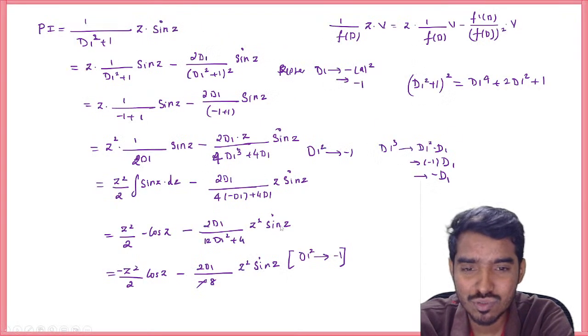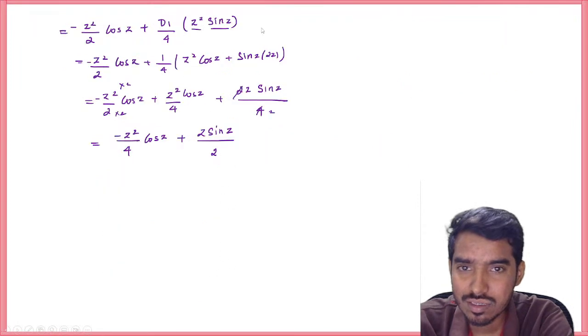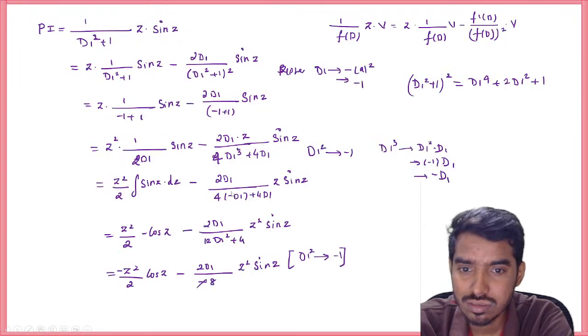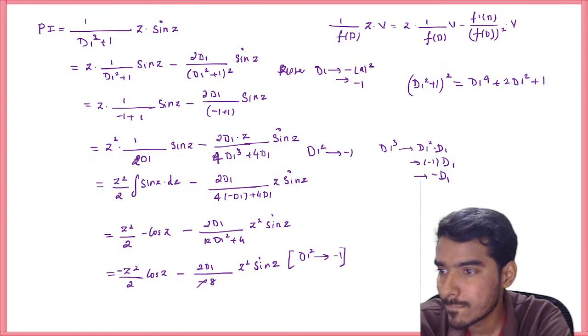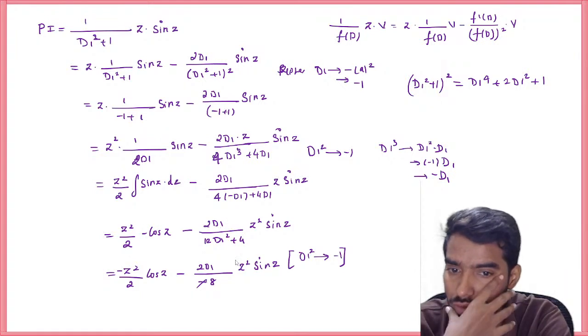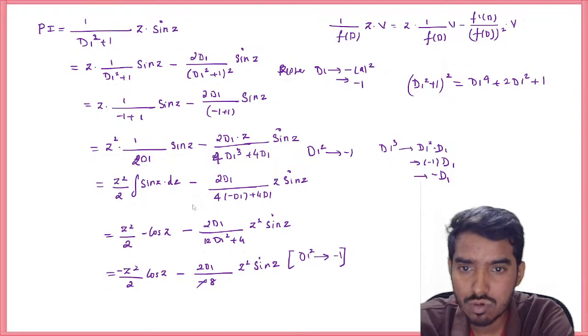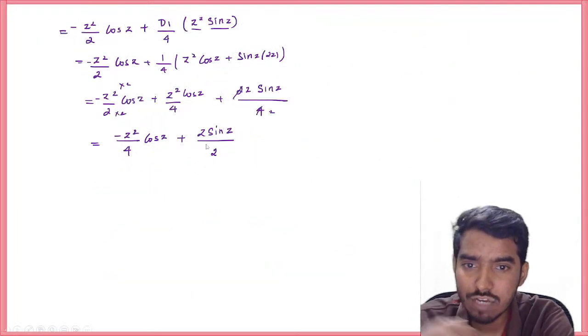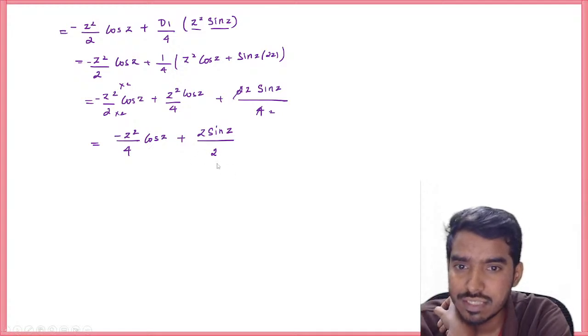I don't know where I missed one number. But in the book we have 4 here. We have 4 here in the book: z sin z by 4. So here we have 4 in the book, right?